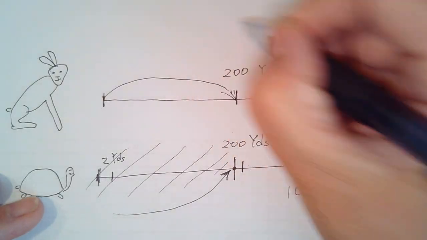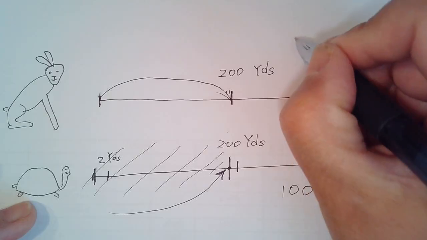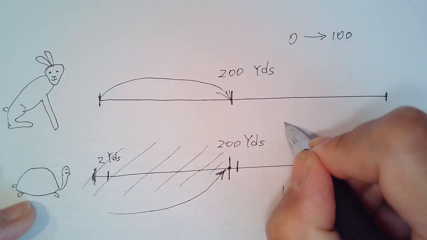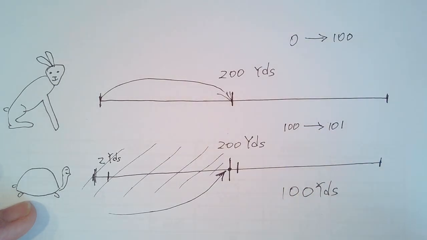So when the hare goes from 0 to 100, the tortoise goes from 100 to 101, isn't it? 100 yards to 101. Good?